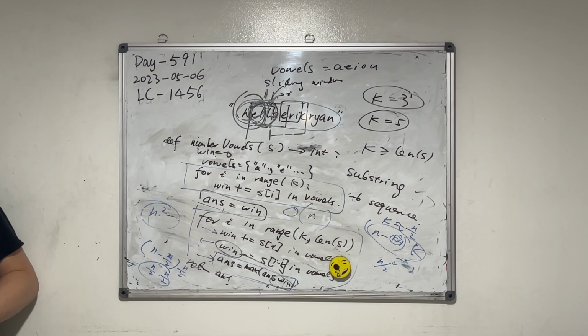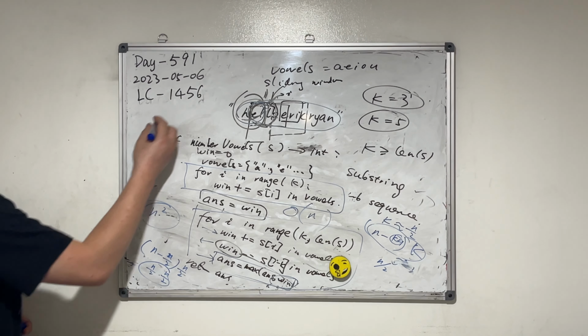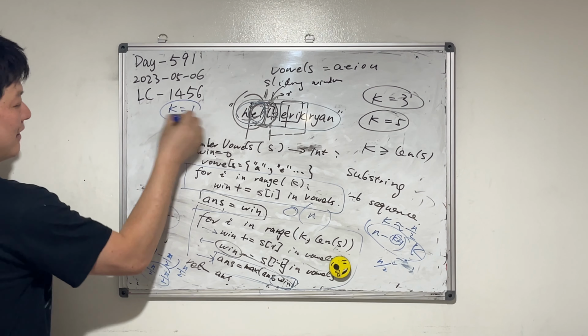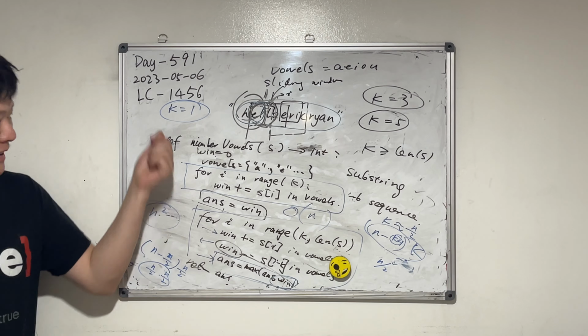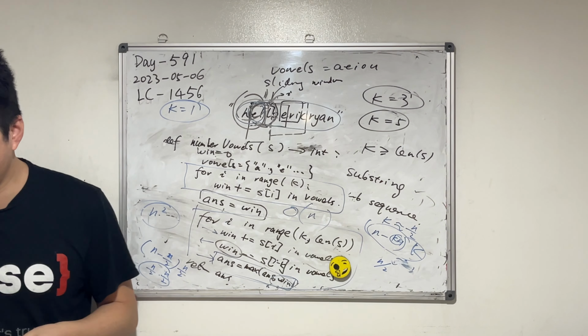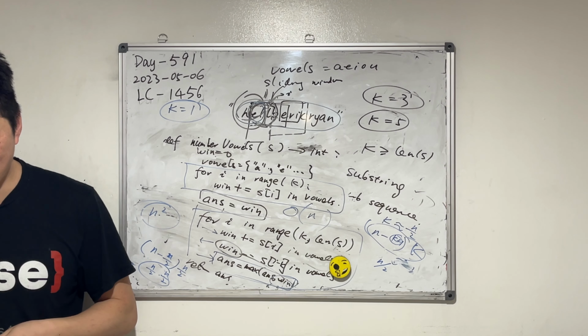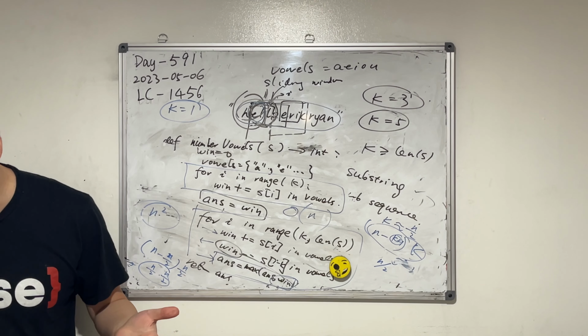Okay, so what happens if K is 1? The answer is going to be 1 if there's a vowel. Very interesting. What does this problem become? If there's a vowel, then we return 1, right? Easy.